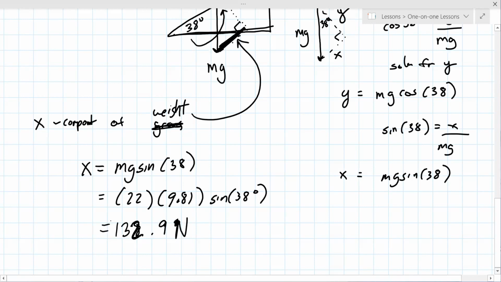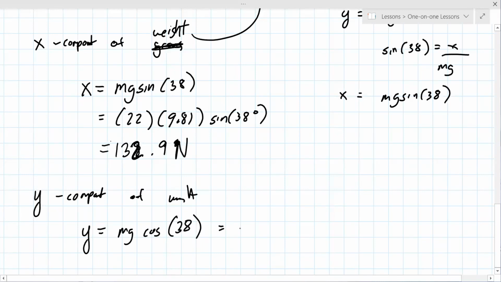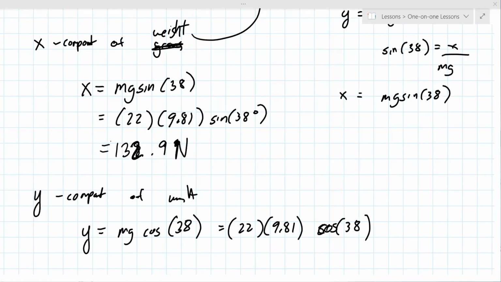Now I know it doesn't ask for it, but let's calculate the y component of weight. In this case, y is mg cosine 38. So that's the 22 again, times 9.81, times the cosine this time of 38.